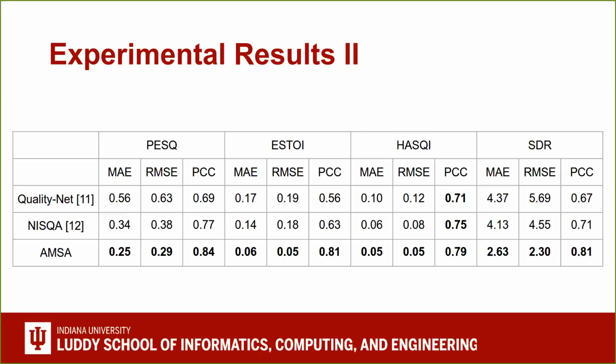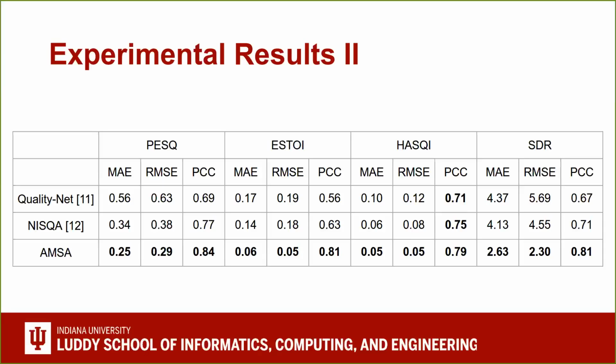We assess 1,500 distorted signals from each of the above corpora and compare AMSA with the best two comparison approaches, QualityNet and NISQA. We summarize the results of this experiment here.